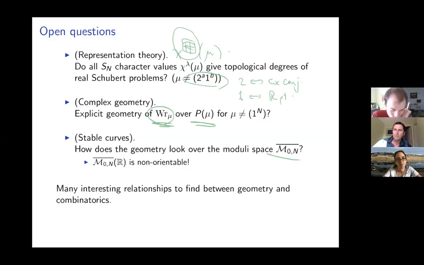But if you know M0n bar over the reals, then it's not an orientable manifold. So, well, that's kind of weird. I'm not really sure what to make of that. It would be interesting to understand what this character orientation, which for us is only defined on the Wronski map, but which we analyze using stable curves, what does it mean in the stable curves? So anyway, that's just sort of a mystery.